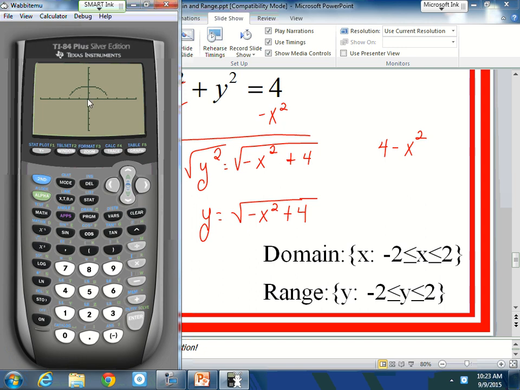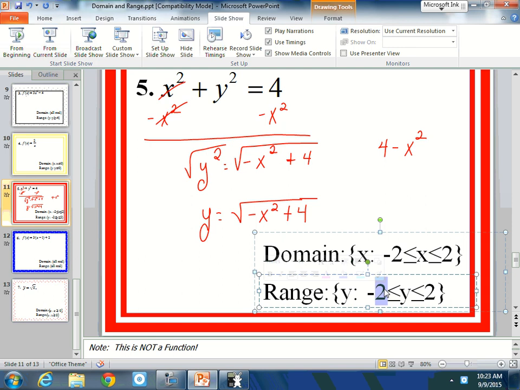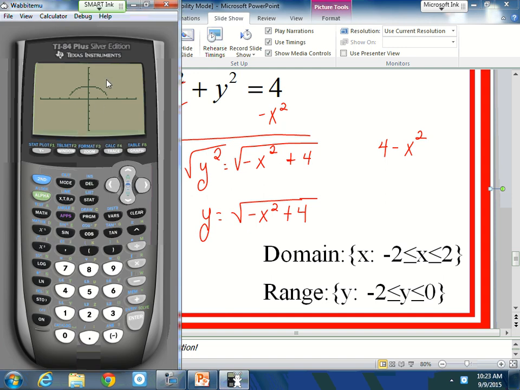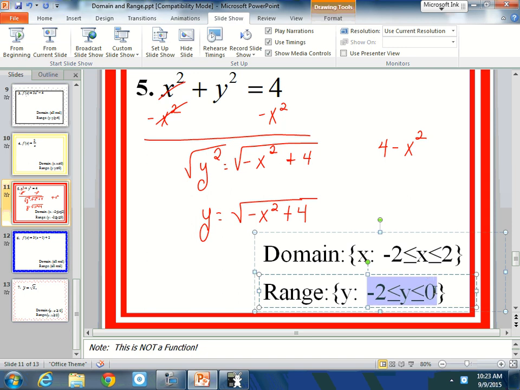And the range is from 0. This is wrong. Let me fix this.